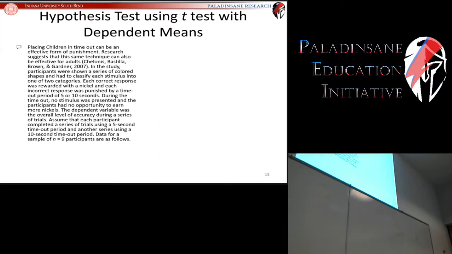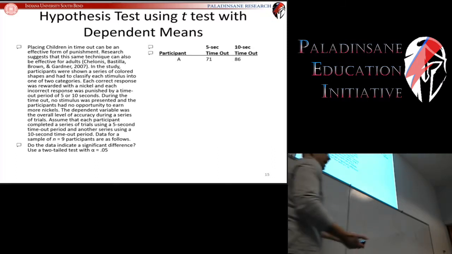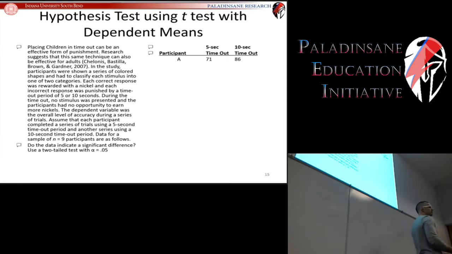The dependent variable was the overall level of accuracy during a series of trials. Assume that each participant completed a series of trials using a 5-second timeout period and another series using a 10-second timeout period. Data for a sample of 9 participants are as follows. We're going to do a two-tailed test with an alpha of 0.05, and there is your data. Participant A, the first participant, participated in the 5-second timeout condition, and scored 71% correct.